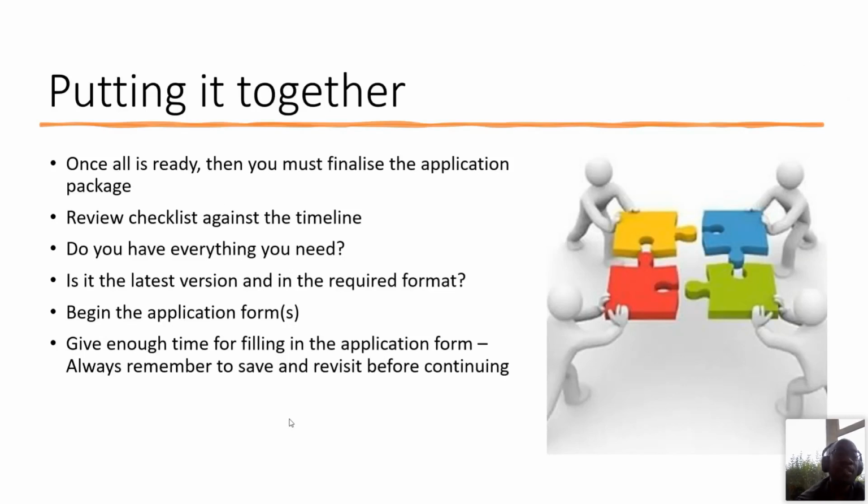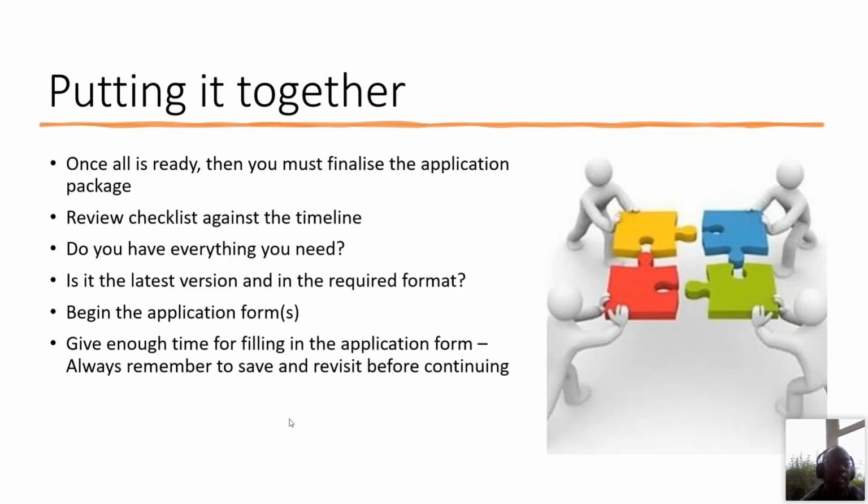So putting it together, once you have everything I've just talked about, the CVs, the letters of reference, the motivation statement, and everything else, then you must finalize. This is the time to review the checklist again and check whether you have everything to submit the application.